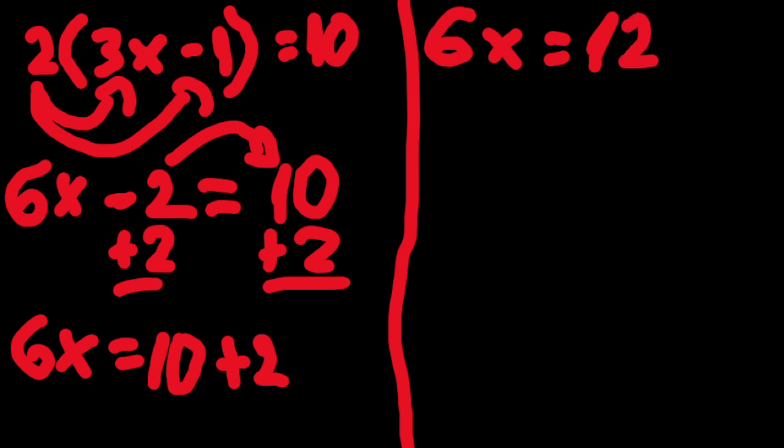Okay, like I mentioned before, here we don't have just 6x, we have 6 multiplied by x. We'll try to bring 6 to 12. If we have multiply, what is the opposite of multiply? It is divide.